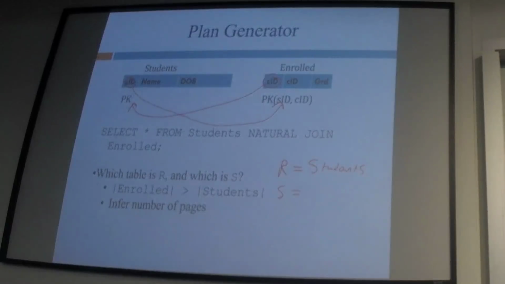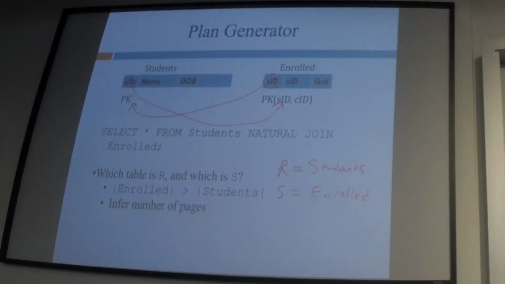S is going to be enrolled, the bigger one. And that's simply because the logarithmic reduction on a larger quantity gives you more benefit than the logarithmic reduction on a smaller quantity. So if enrolled didn't have SID, would they be switched?